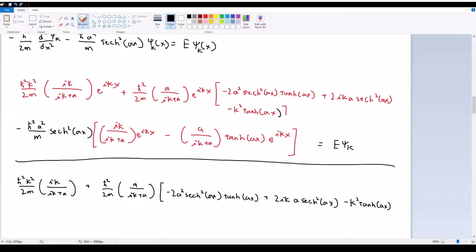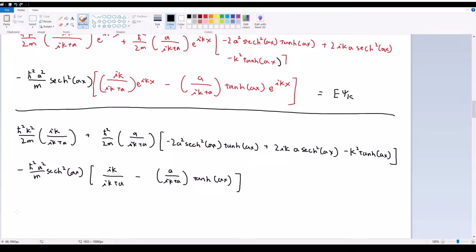I just realized I forgot to close this parentheses. And then subtracted by h bar squared a squared over m hyperbolic secant squared ax, and then multiplied by ik over ik plus a minus a over ik plus a times hyperbolic tangent ax.